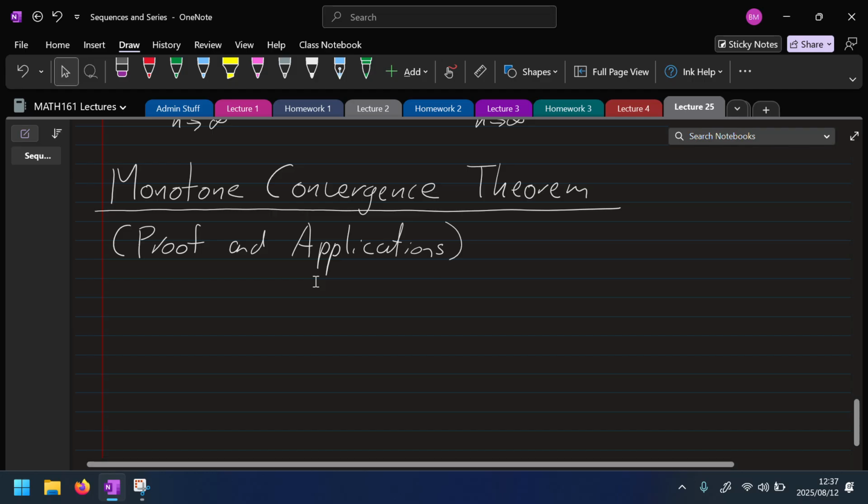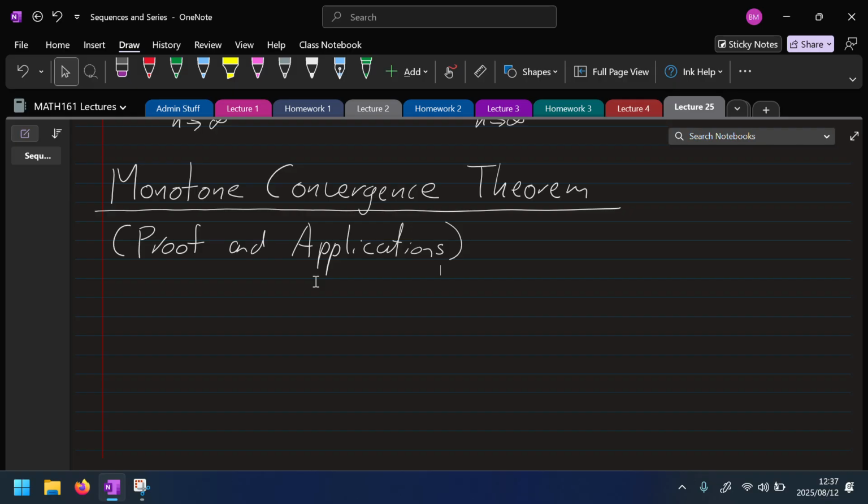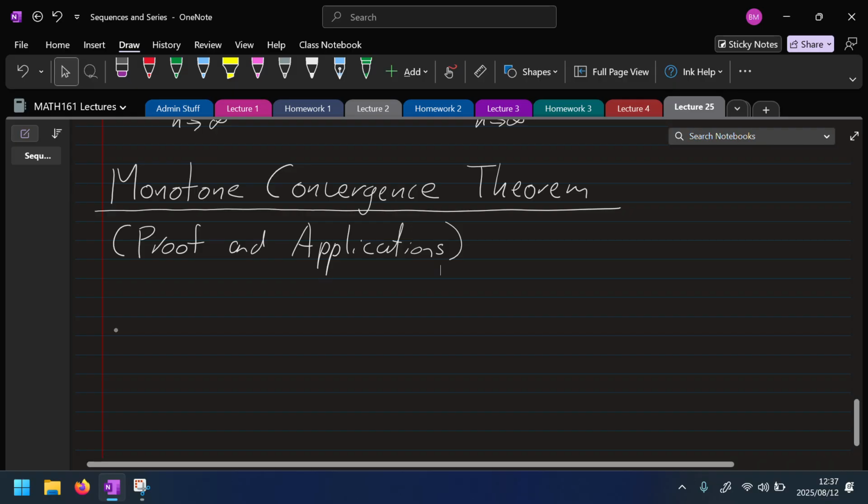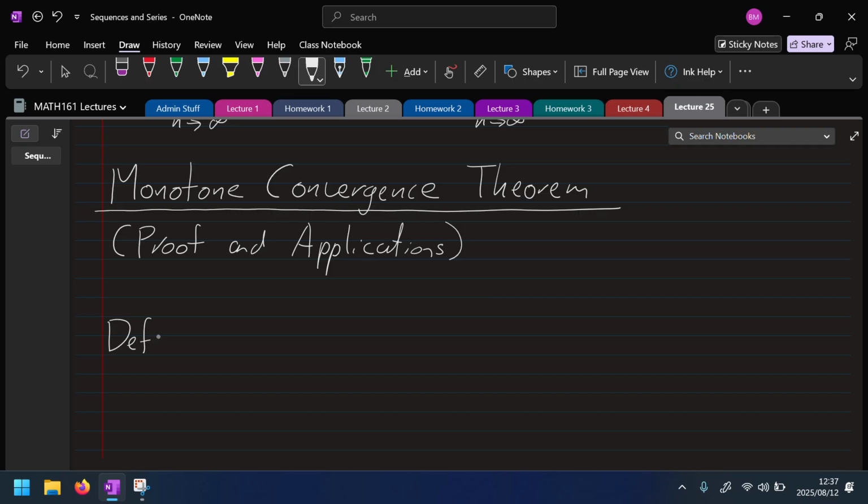Okay, there's a little bit of side stuff we have to do first. It's just terminology, and then we'll get into the theorem. So, definitions. This is just terminology for the different things.